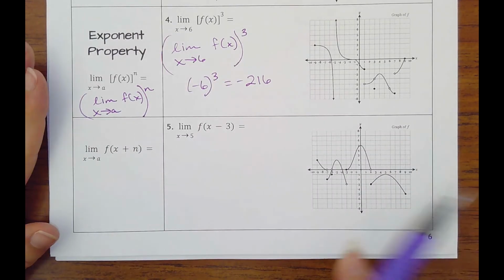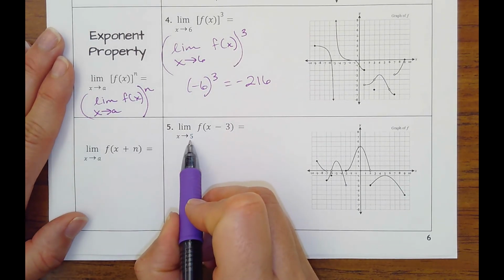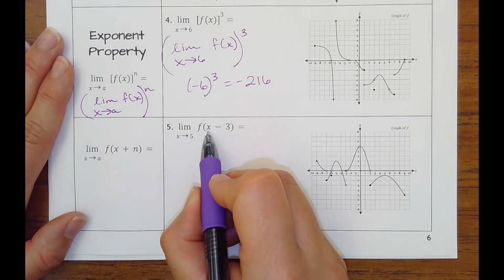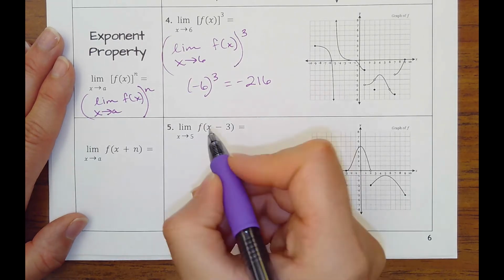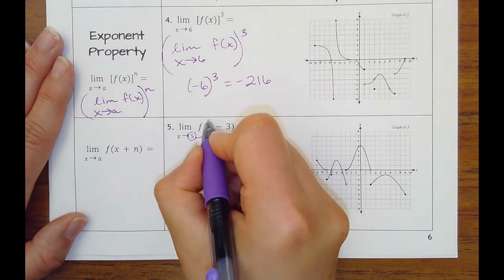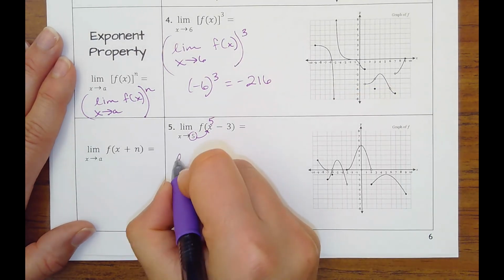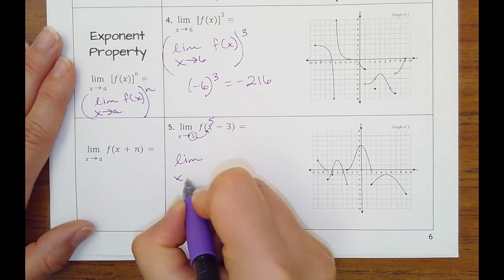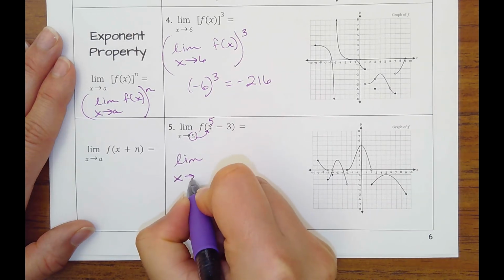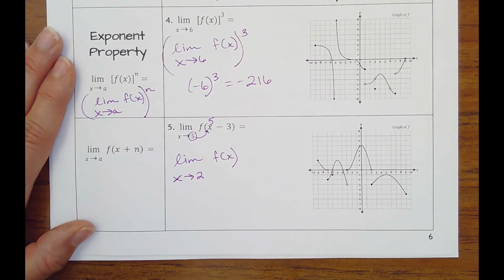And then our last one's kind of different. I don't have a name for it, but when you have a limit as x is approaching a number of f of x plus or minus a number, what you need to do is this is your x value. So we're going to plug this in. 5 minus 3 would be 2. We're not going to find f of 2, but we're going to write a new limit where x is approaching 2 of f of x.